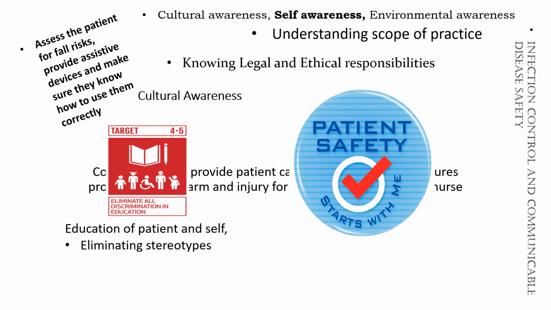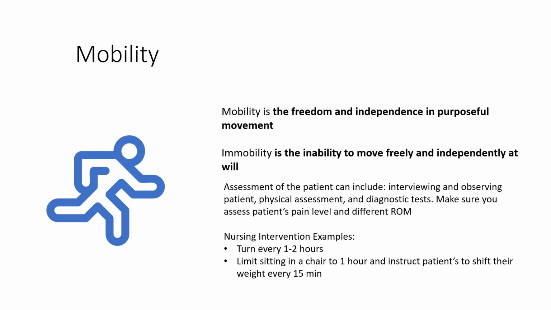Infection control and communicable disease safety. That's our coronavirus right now, or Ebola before, H1N1, measles, mumps, rubella. Those are the things we're really looking at that are also considered safety. Mobility.